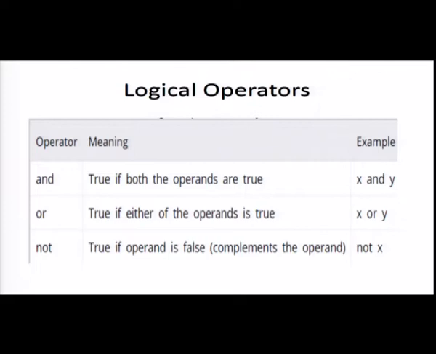Whereas in the above case, when you use an AND operator, both x and y should be true. Whereas in this second case, either x or y can be true, then the answer will be true. Then as far as not is concerned, as I said, it is a negate operator, a complement of the operand, which means it will be true if the operand is false.